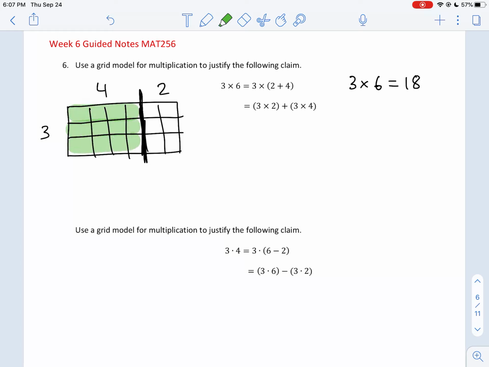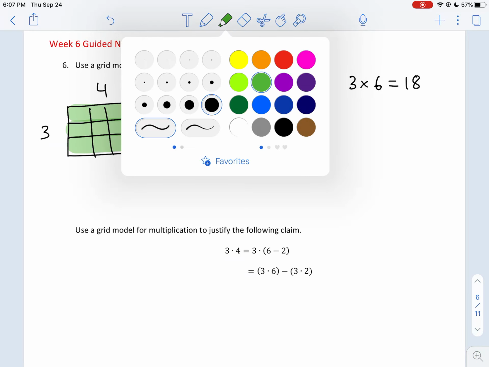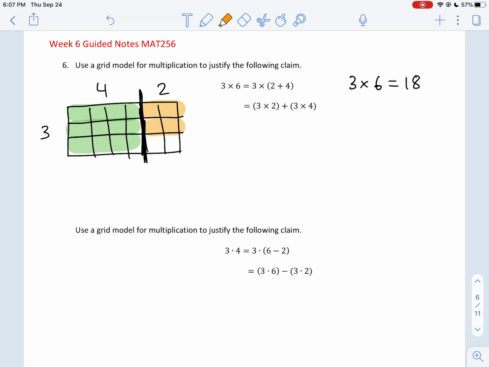Do 3 copies of 4 and get that part of the table, and then to that add 3 copies of 2. And you can do that in reverse order too. I could do 3 copies of 2 and then 3 copies of 4, because I decomposed this as 2 plus 4, but I sort of put the 4 first here. But it really doesn't matter, because addition is commutative.